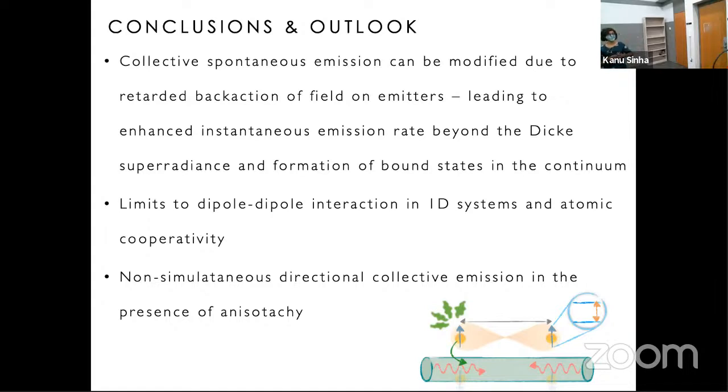What we also find is that retardation effects lead to limits on dipole-dipole interactions in 1D systems and cooperativity. We can also see non-simultaneous and collective directional emission in the presence of this unequal velocity propagation in waveguides.